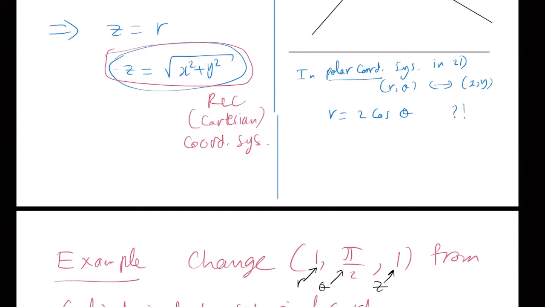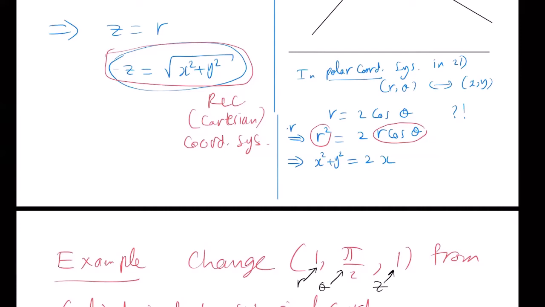How to do that? Multiply by r to get r squared equals 2r cosine theta. Why? Because we know r cosine theta and we know r squared in terms of x and y. What is r squared? It's x squared plus y squared. And r cosine theta is x.